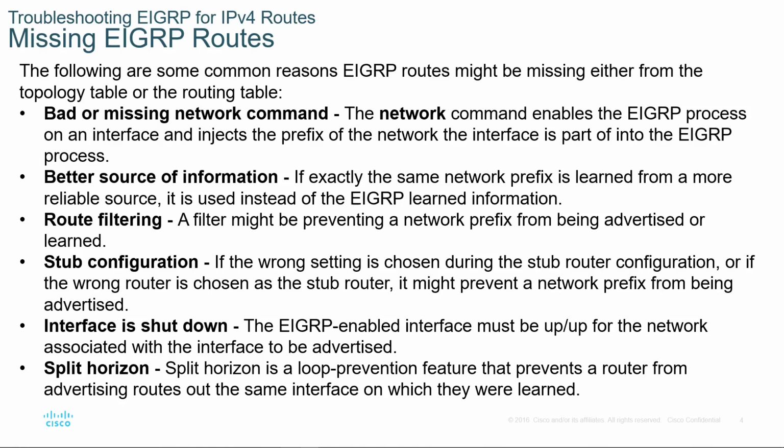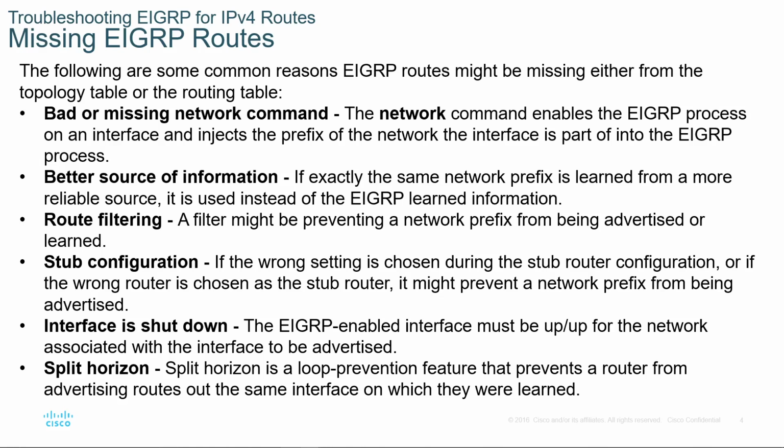Next item there is source information. Now, there's various reasons why we may get our EIGRP route dropped, because EIGRP is not the only protocol out there, and there may be a better path through another protocol or something like that.